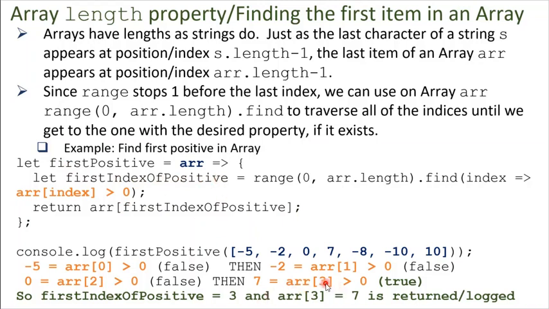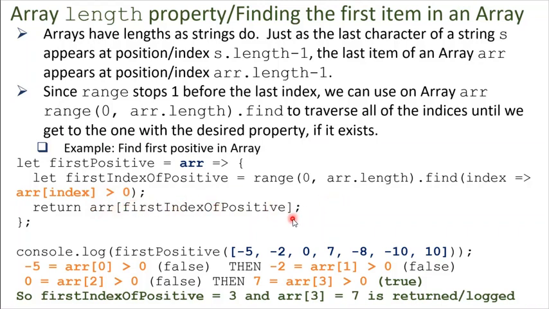If you trace the code, 3 is the last index that goes in where you get true. And you say, well, I don't want the 3, I want the number that's located at position 3. So that cues you in and says, okay, well, in order to get the item that's at position 3, I need to put the name of the array first with square braces around it.